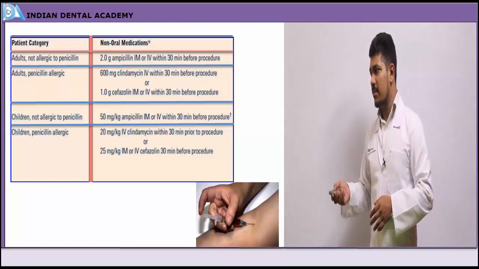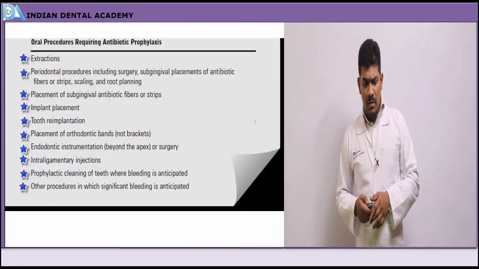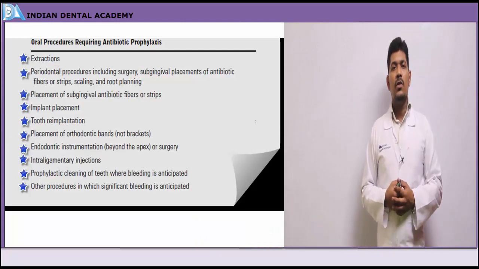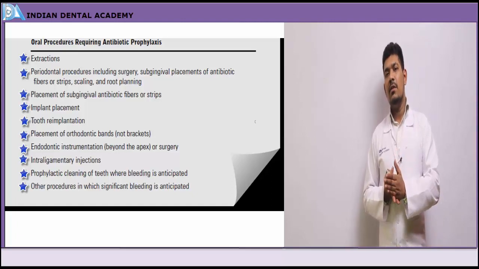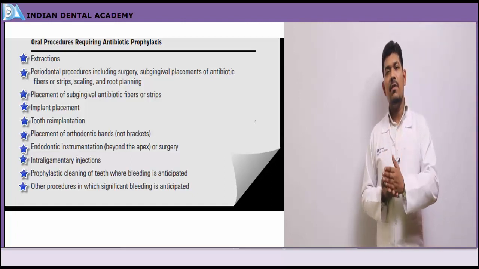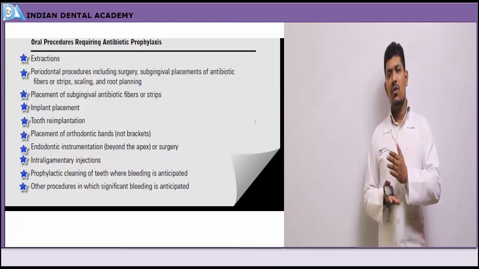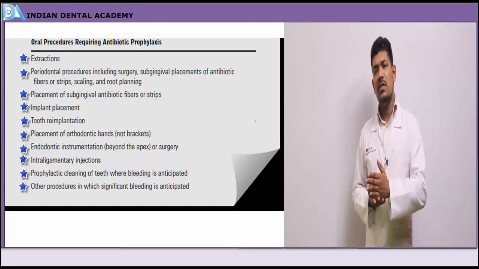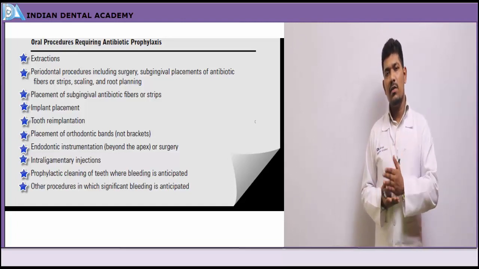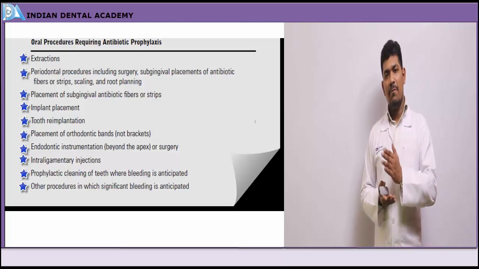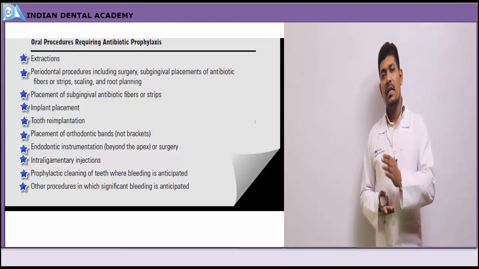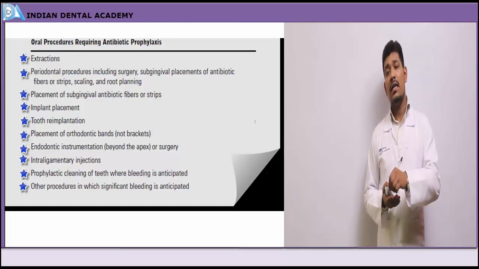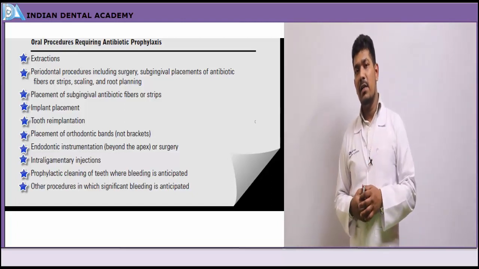Now, what kind of oral procedures need this prophylaxis? Anything and everything which is invasive, even minor invasive or major invasive, any procedure which involves a scalpel or a blade, has to be given this prophylaxis in patients who are at a higher risk of developing bacterial endocarditis.